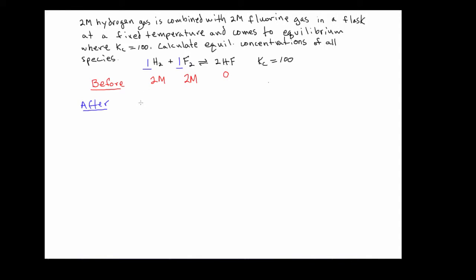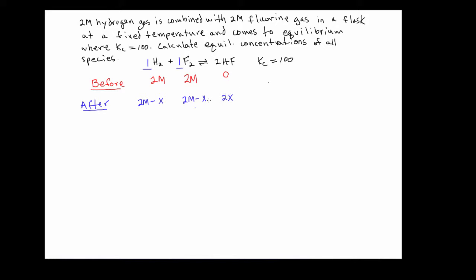So the H2 is going to decrease by 1x, the F2 is also going to decrease by 1x, and the HF is going to be produced at a rate of 2x. So now we have our table set up.